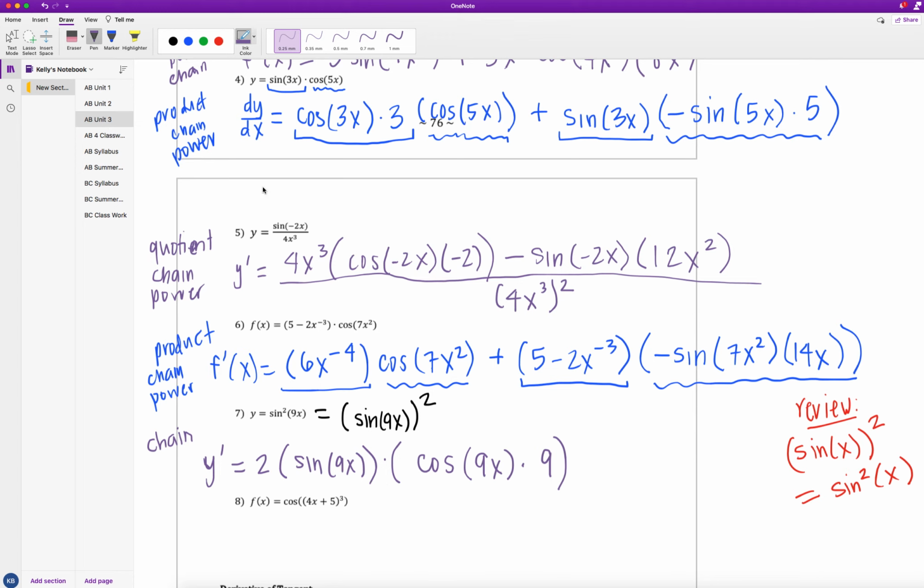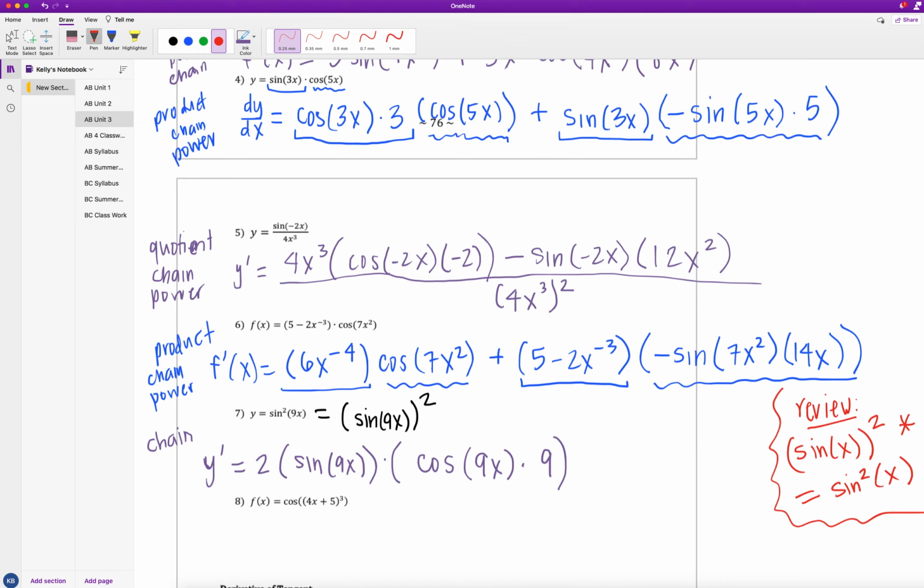So again, just to reiterate, anytime you see a trig function like sine squared of 9x, sine cubed of 9x, or cosine to the fifth of 10x, take the time to rewrite it by pulling the power out, using that definition from trig that taking sine of x and squaring it is the same thing as writing sine squared of x.